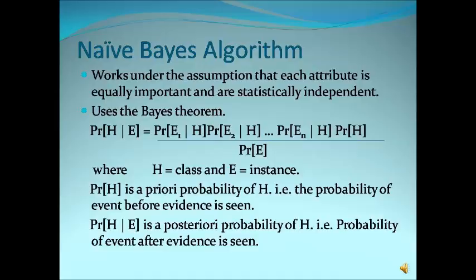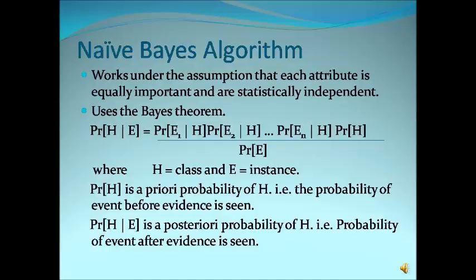In this case, the hypothesis H will represent our class, and the evidence E will represent the attributes of our instance. And that equals the probability of the first attribute given the class of the instance, multiplied by the probability of the second attribute of the instance given the class of the instance.